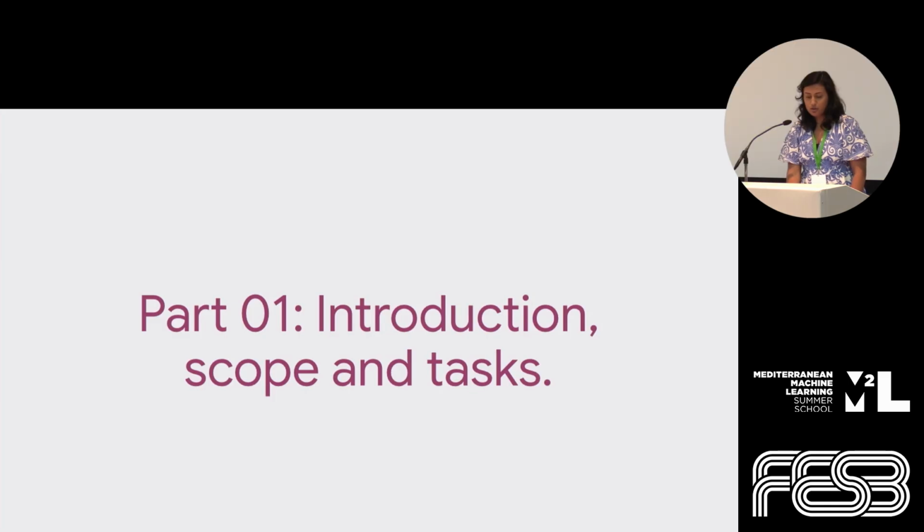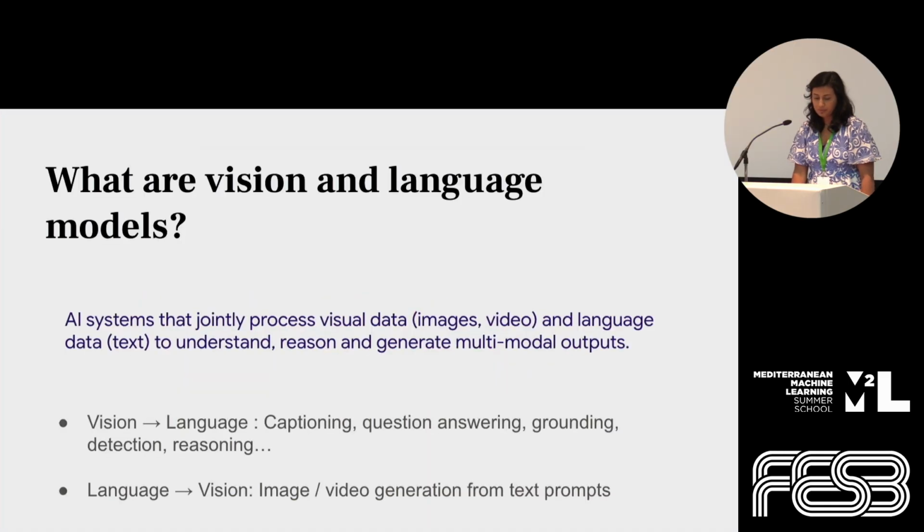Cool. So starting with introduction, what are vision and language models? AI systems that jointly process visual data, like images and video, and language data, text, to understand, reason, and generate multimodal outputs.